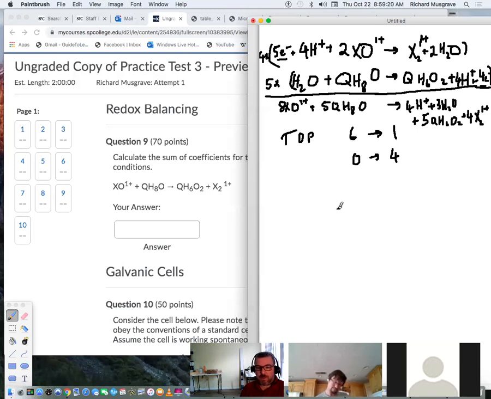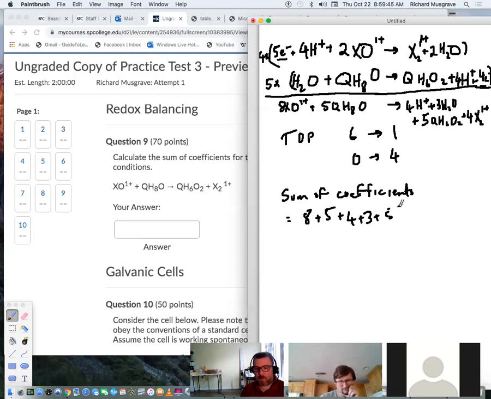So the sum of coefficients then would be, let's see, 8 plus 5 plus 4 plus 3 plus 5 plus 4. So 13, 17, 20, 29. What you should get there.